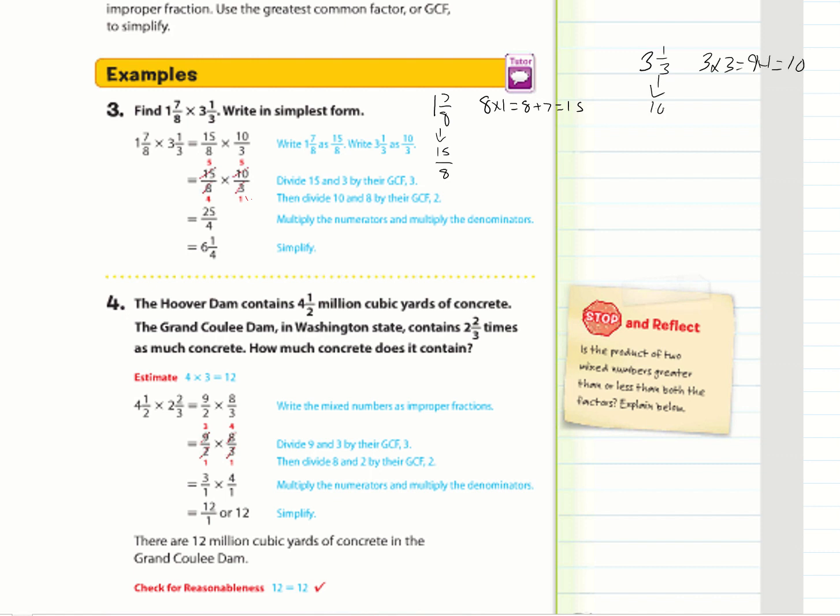So that's going to be 10 over 3. So 15 over 8 times 10 over 3. Like we did in the previous problem, we can divide 8 by 2 and 10 by 2. So I'm going to rewrite this as 15 over 4 times 5 over 3.